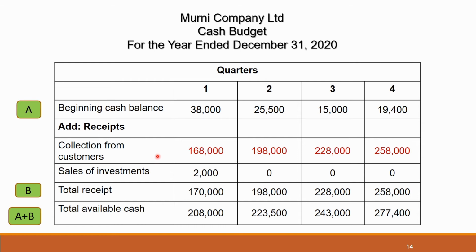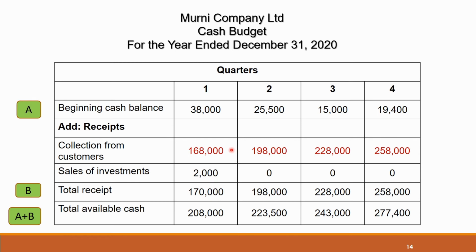For collection from customers, we have prepared the schedule of expected cash collection from customers, and for the first quarter we get 168,000, and we can record for the second quarter 198,000, the third one 228,000, and the last one 258,000.